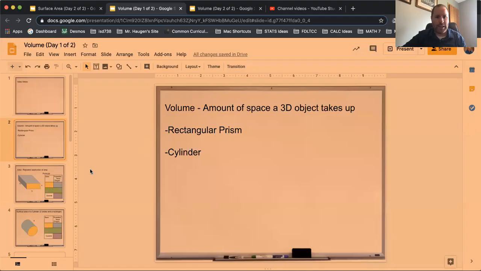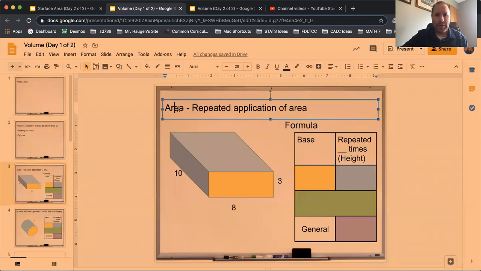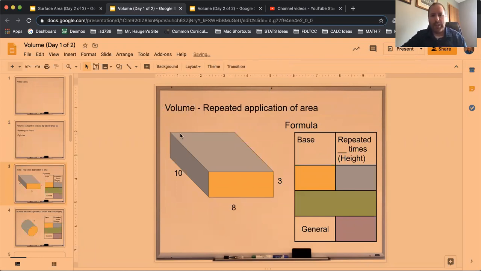So back to how we might find that. It's not area, it's actually volume that we're looking at. It's just a repeated application of area. Seems a little strange, but for example, in this rectangular prism, we have this yellow square. I'm going to count that as the base.